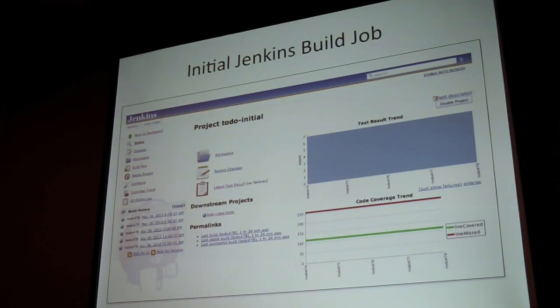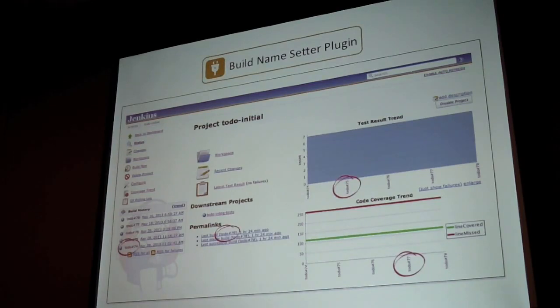Here's that Jenkins build. If you've used Jenkins before, there's really not so much special about it. Just to point out some interesting things here: there's a specific name that I give here. It's called todo, pound, and then the current build number of that build pipeline run. That number is actually provided by Jenkins. If you run a Jenkins job, it gives you a specific environment variable that you can use to build up this name.